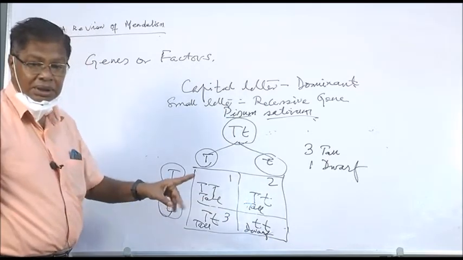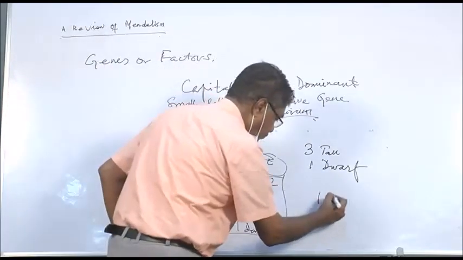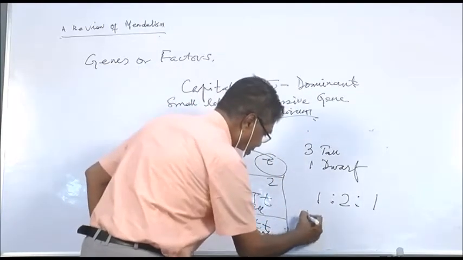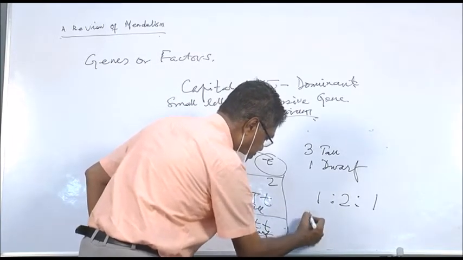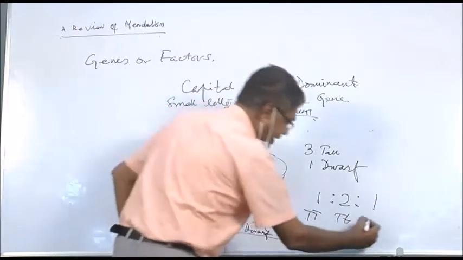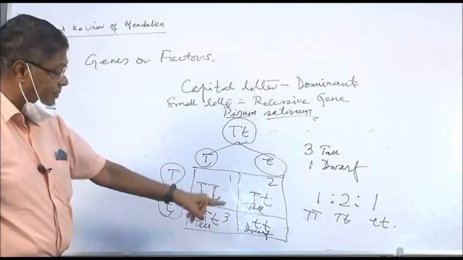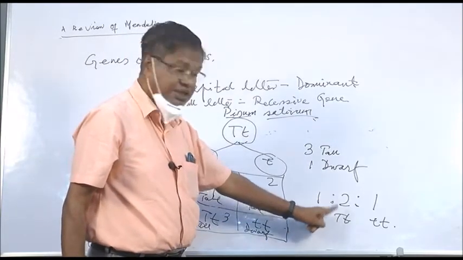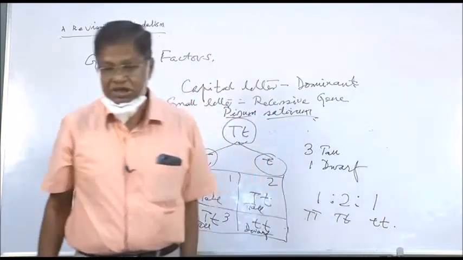This results in a ratio of 1:2:1: 1 pure tall with capital T, 2 hybrid tall with capital T small t, and 1 dwarf with small t small t.